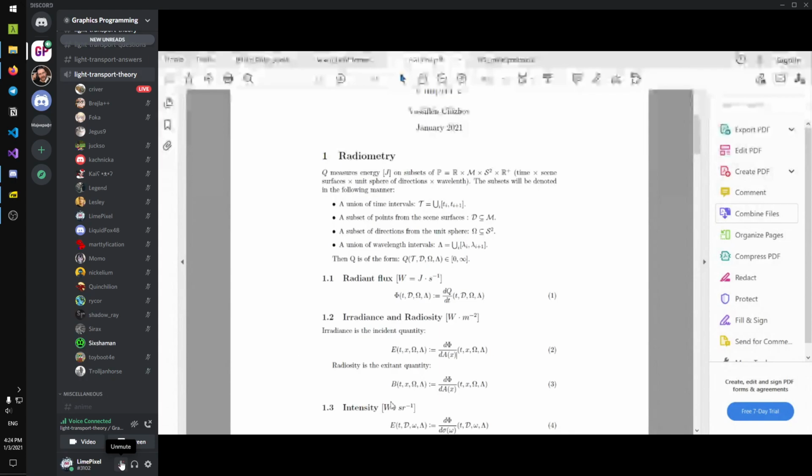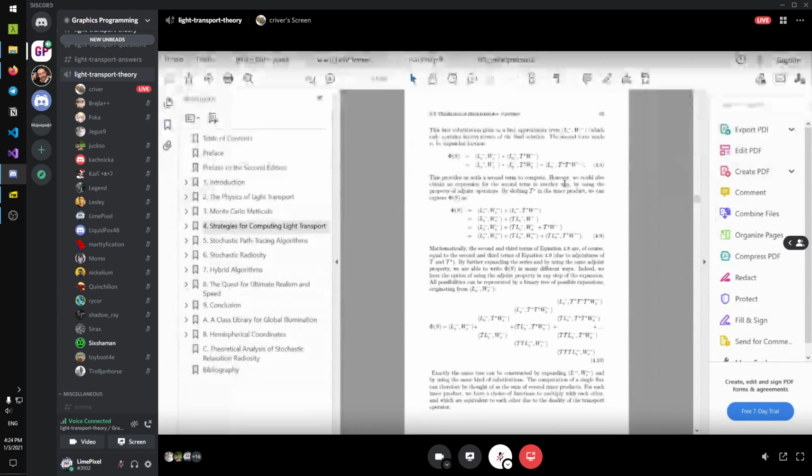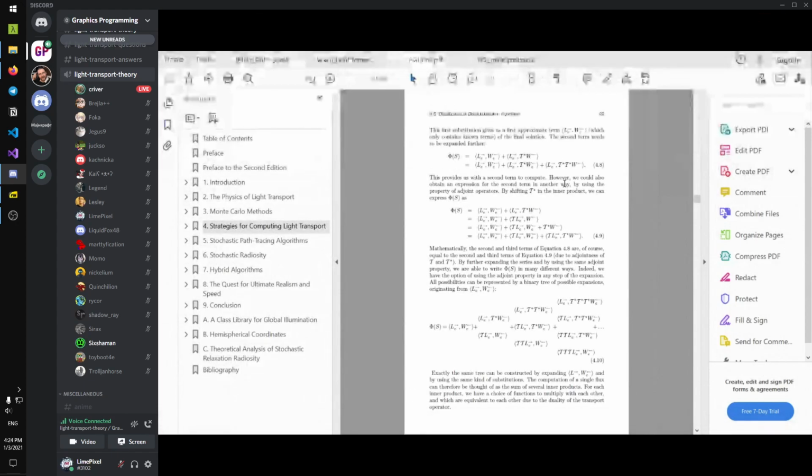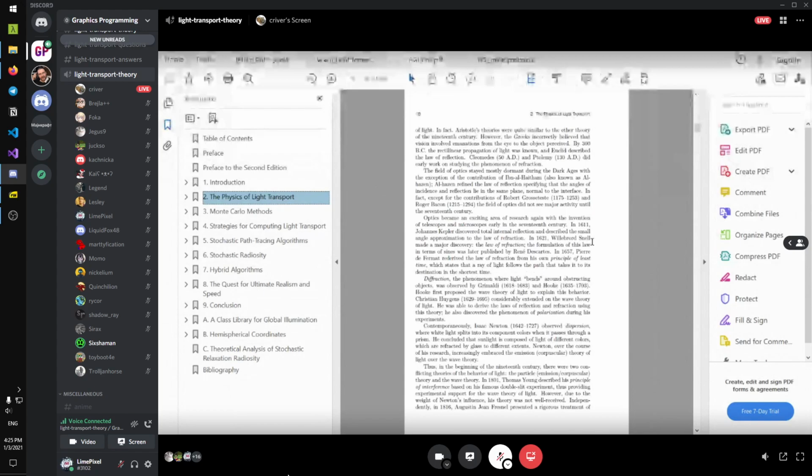I have a question about what is written in the book. Yeah, the book states that... which page is it? It's about different BRDF models.